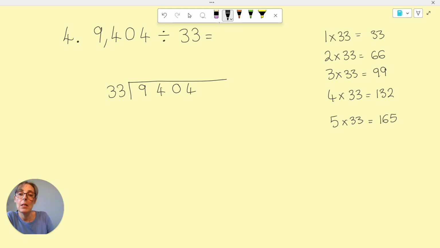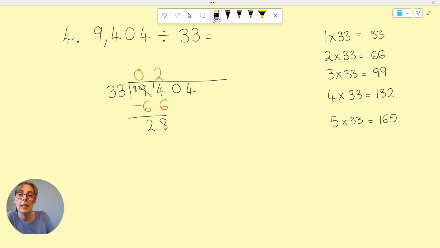How many 33s fit into 9? How many 33s fit into 94? Well, 2 of them make 66. 4 take away 6, so it's going to be 14 take away 6. 8 take away 6 is 2.